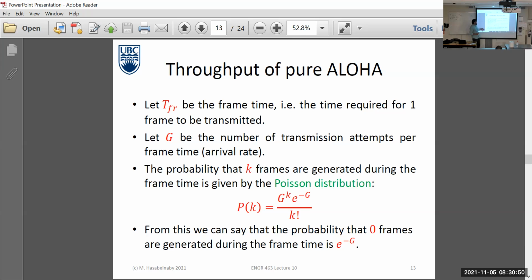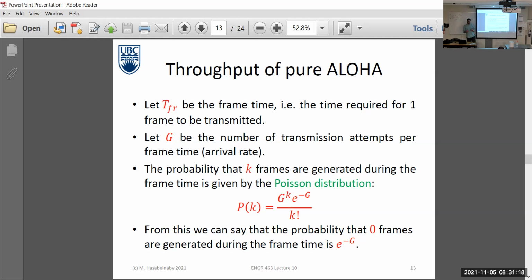And let G be the number of transmission attempts per frame time, the arrival rate at each frame transmission time. We want to measure the number of users that try to transmit their data at the same time.